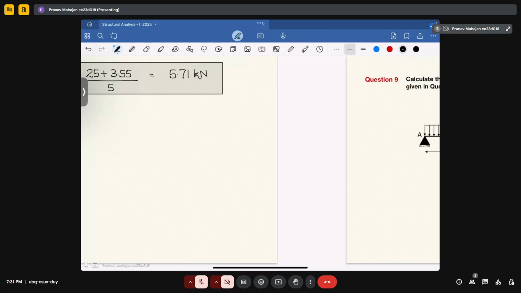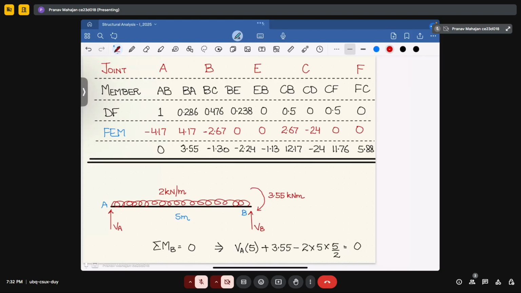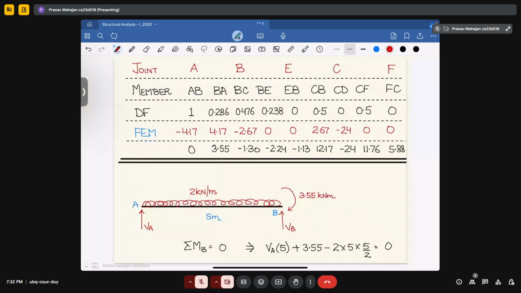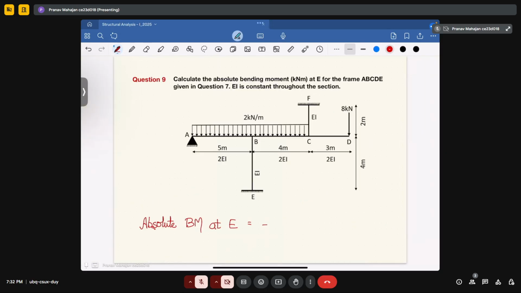Now the next question is the continuation of the previous question only. In this, it is telling you to calculate the absolute bending moment at E. So absolute bending moment at E you have already calculated. As you can see from the figure, at E joint you have calculated the value as minus 1.13 kilonewton meter.